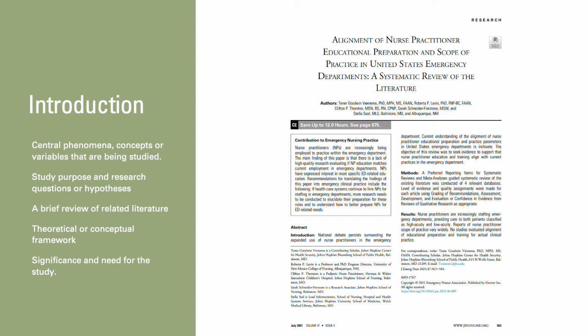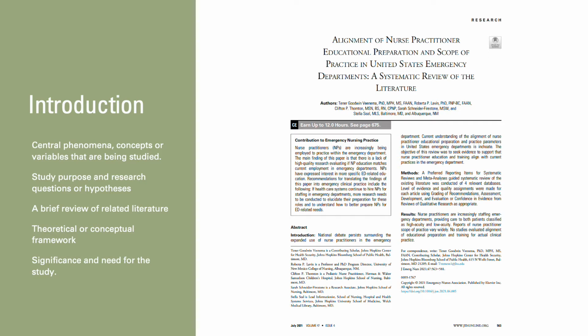We say we searched the Cumulative Index of Nursing and Allied Health through EBSCO, Scopus, and Web of Science. 3 topic areas within these concepts were identified and searched, and then we go on to give more detail about how that was done.